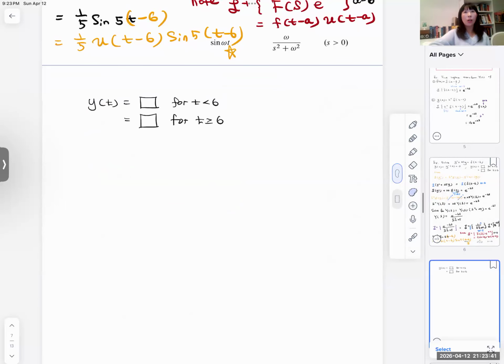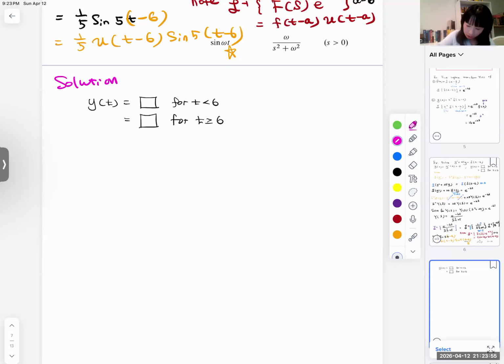So the solution, right? One is 0. The solution will be 0, and the other one is 1/5 sine 5(t minus 6).